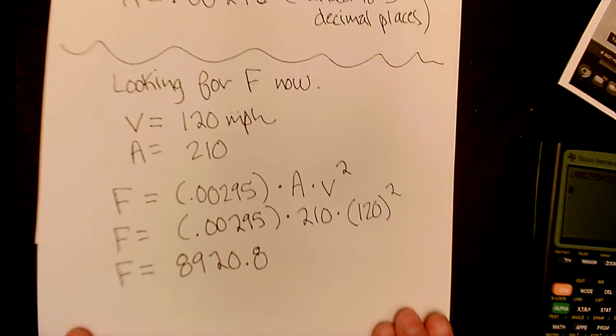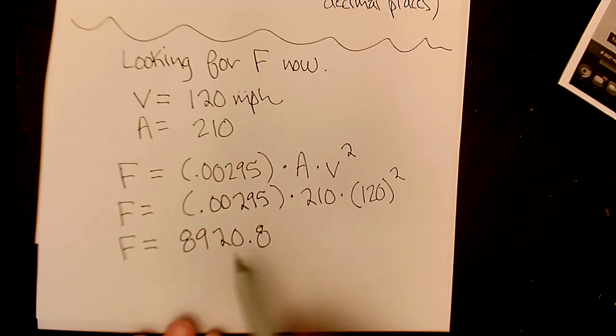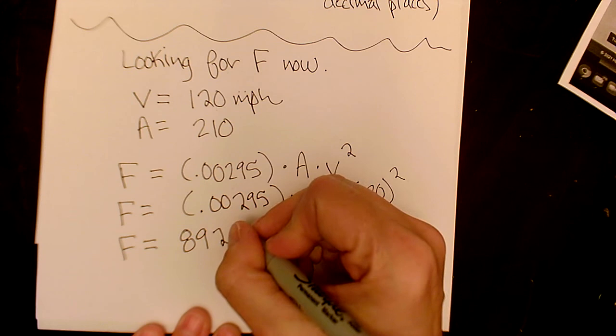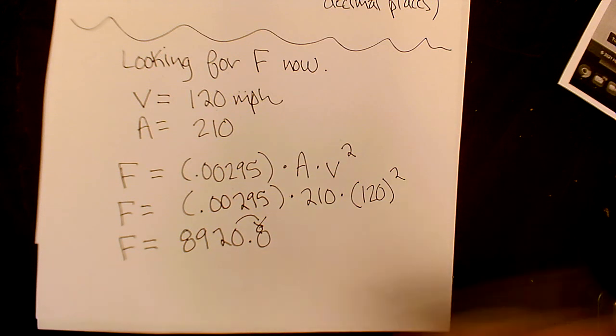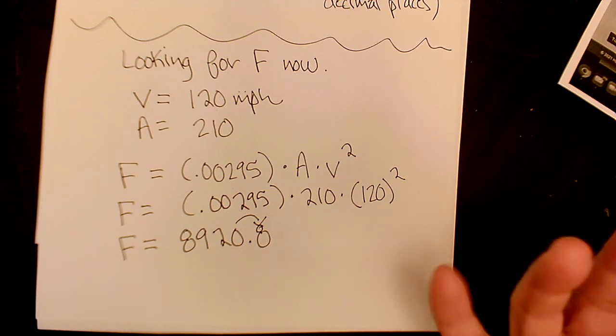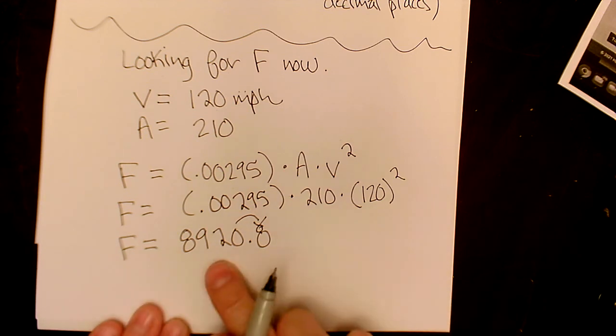In the problem, they want us to round to the nearest pound. I can't have 0.8 as a final answer. I need it rounded to the nearest pound.